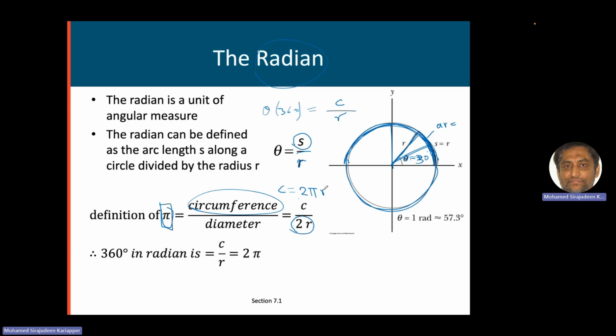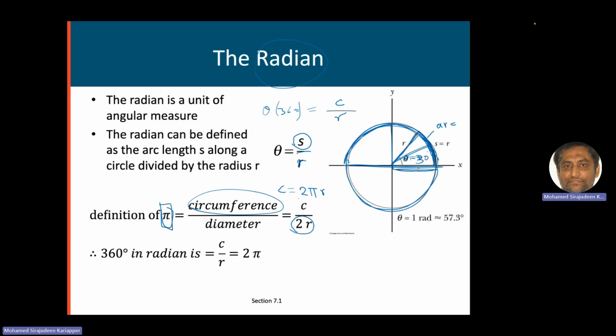If you have a circle, this is the diameter and this is the radius. The line that crosses the center, from one end to the other, is the diameter. Diameter is 2 times the radius. So now you have the circumference as 2 pi R.